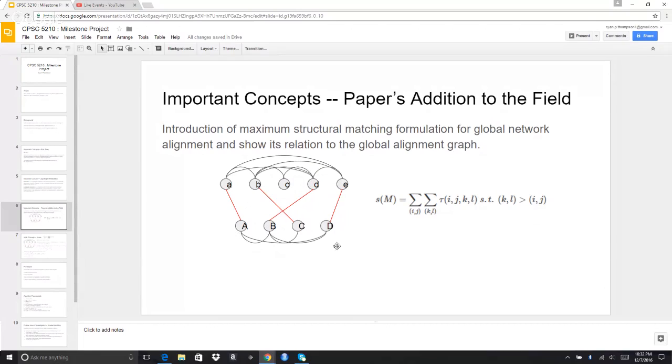And that same notation will, of course, apply down here. Now we'll see in the next slide what a scoring function between these two graphs really looks like, and how we can actually get a value out of this.